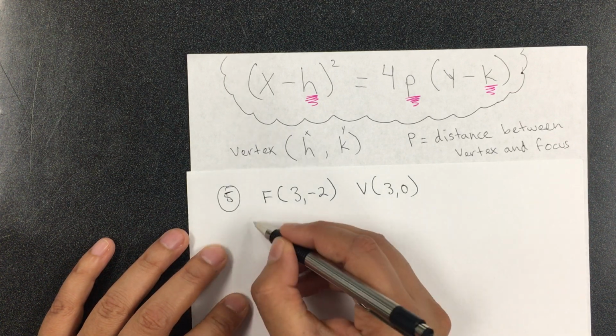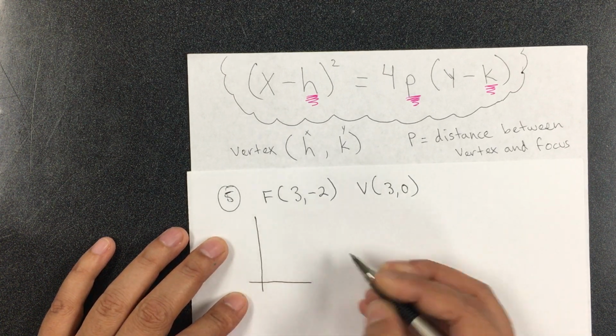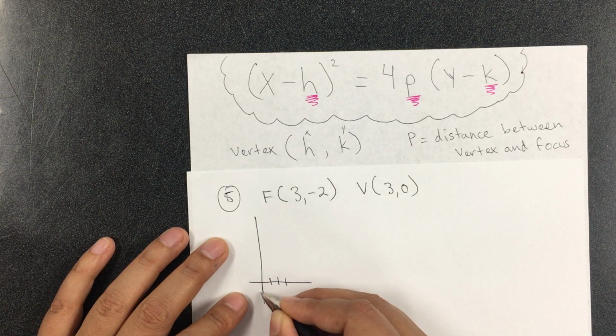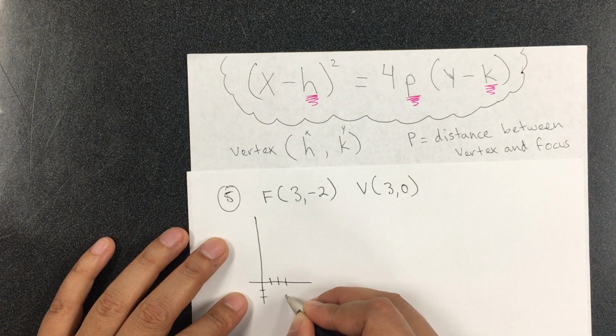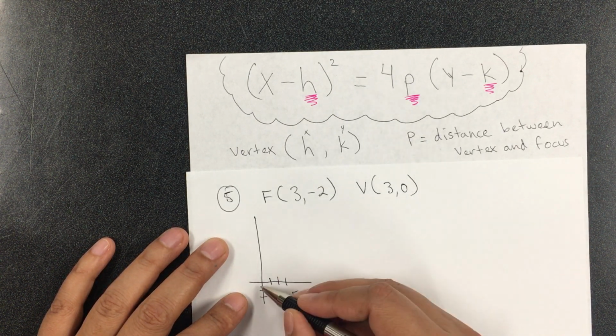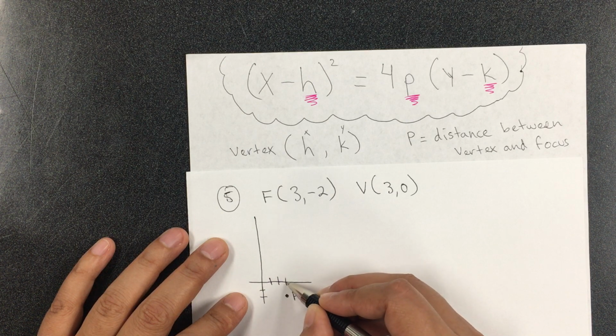If I sketch this, the focus is at 3, -2. That's my focus. The vertex is at 3, 0.